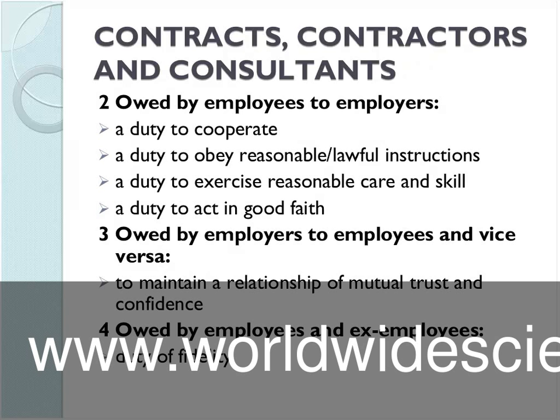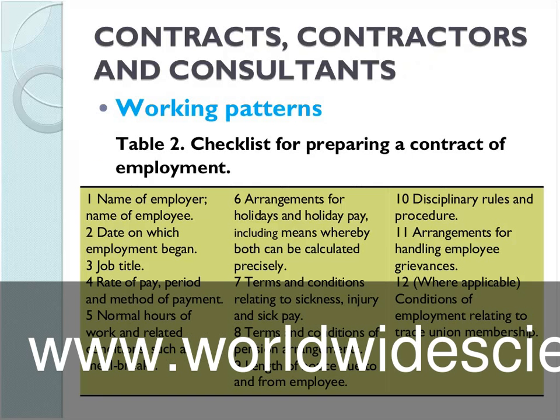So next, let's move to the next one, the working patterns. Table 2 shows the checklist for preparing a contract of employment, the main points which must be in the contract. The first are the name of the employer, the name of the employee, the date on which employment began, job title, the rate of pay, pay period and method of payment.